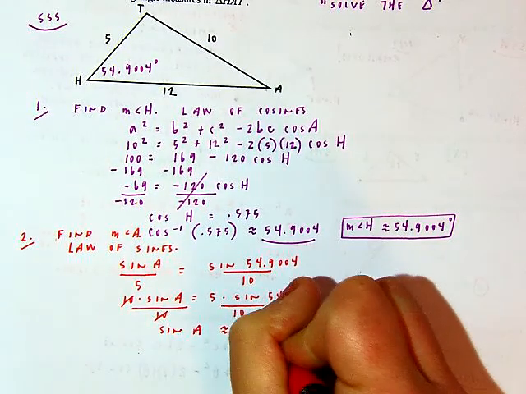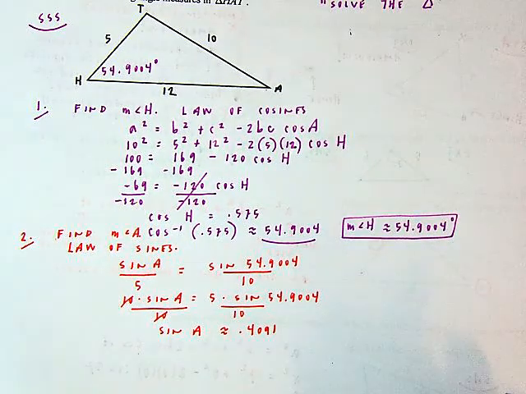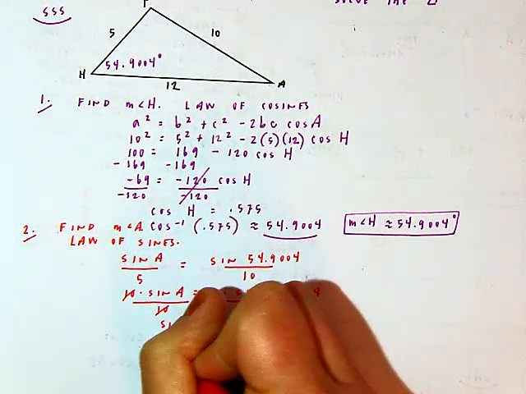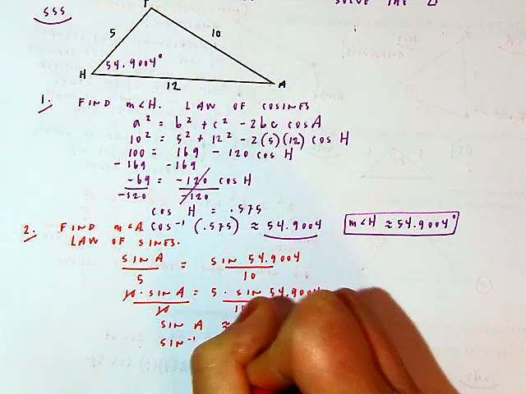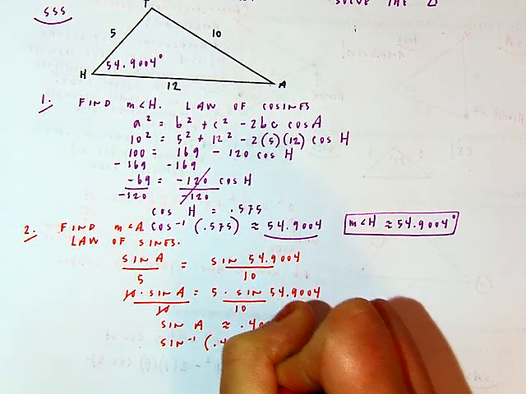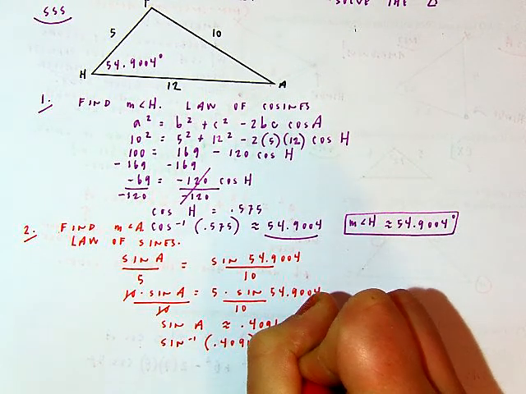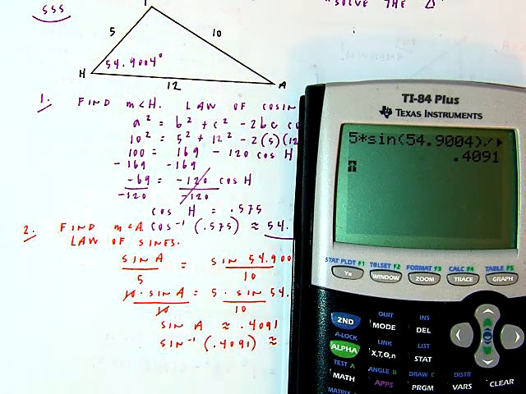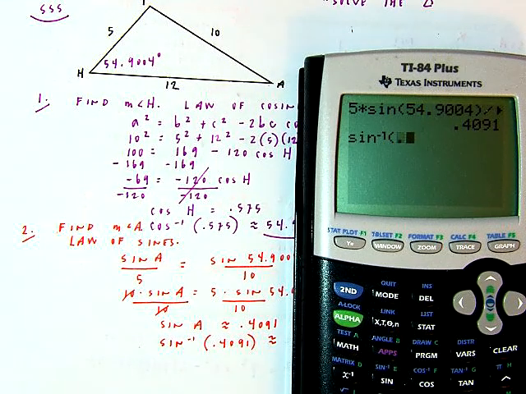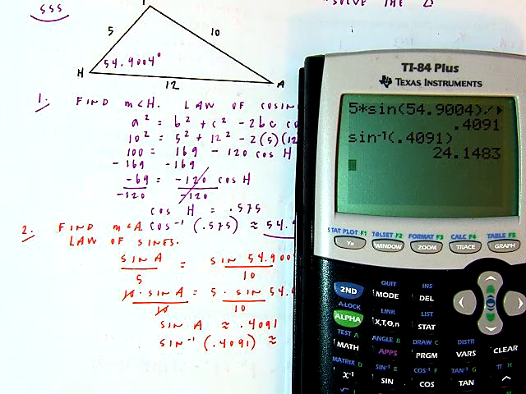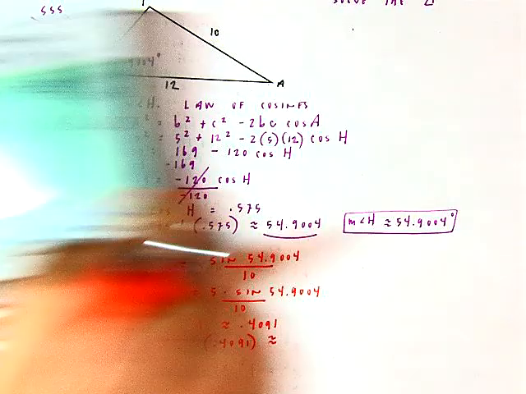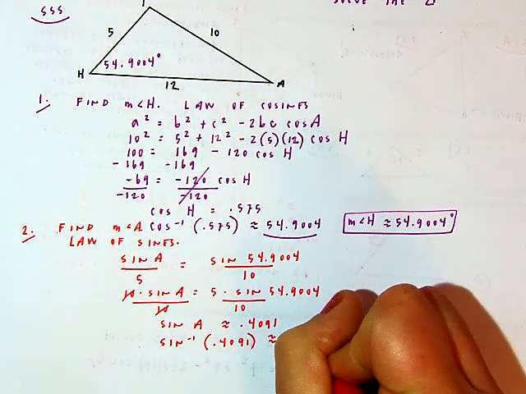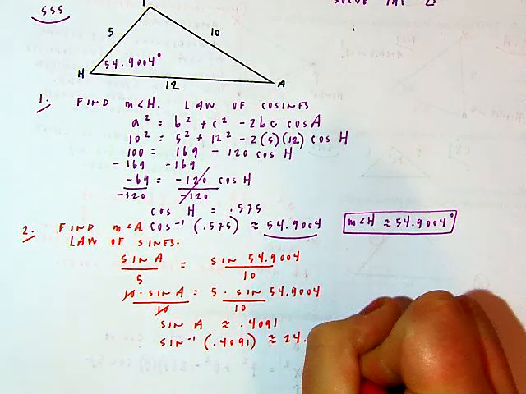0.4091. And now I'm going to go ahead and take the inverse of sine with that ratio, 0.4091, and it's going to give me the angle measure. So second sine, 0.4091, and I get an angle measure of about 24.1483 degrees.